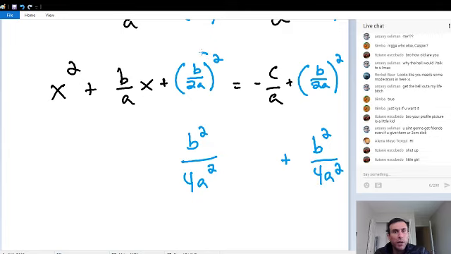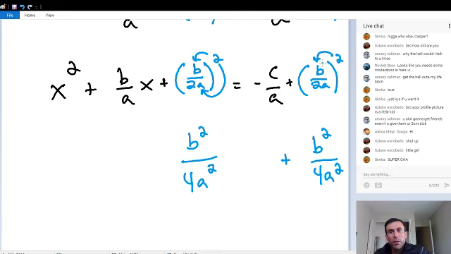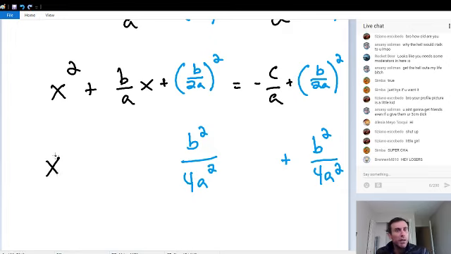Once again I just squared the numerator and the denominator for both terms. So we have b squared over 4a squared, and the rest of the equation stays exactly the same. So we have x squared plus b over ax, and we also have our negative c over a.